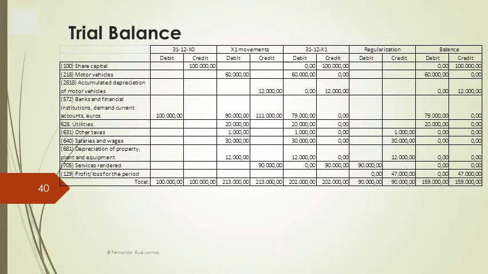As a result of the regularization step, in the last two columns, we have exclusively the accounts that will be disclosed in the balance sheet or statement of financial position. Balances of income and expenses accounts are now zero, and account 129 shows the difference between income and expenses accounts balances for €47,000.